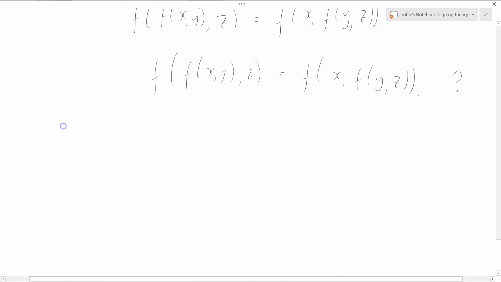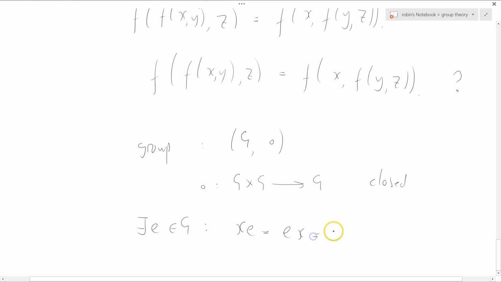So just to summarise, a group is an ordered pair of a set G and an operation circle or star, whatever. The circle maps G cross G to G, so it's closed because you can't escape G. There exists e in the group such that xe equals ex equals x.